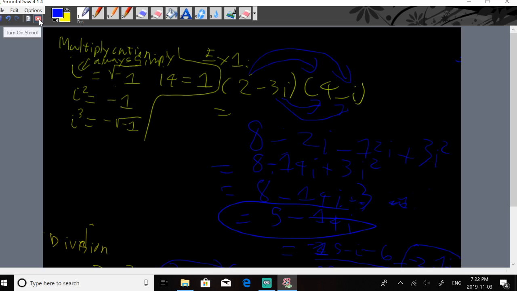Okay, moving on. We're gonna learn how to define conjugates and apply them to division of complex numbers. I already did that.